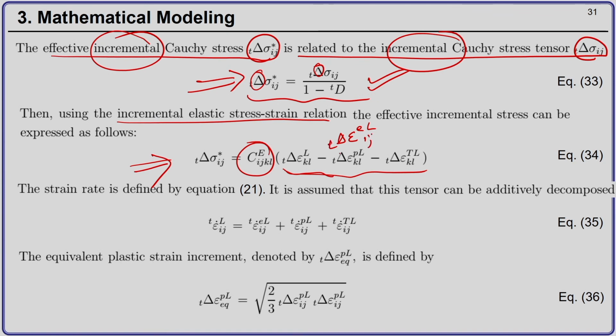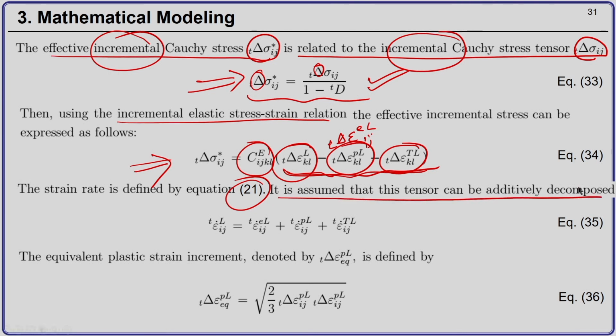So, this from equation 32 is nothing but this over here: total strain minus the plastic part minus the thermal part. And the strain rate can be defined using equation number 21, and we assume that this tensor can be additively decomposed into the elastic strain rate, the plastic strain rate and the thermal strain rate.